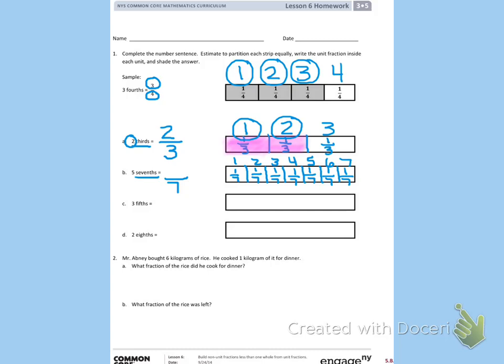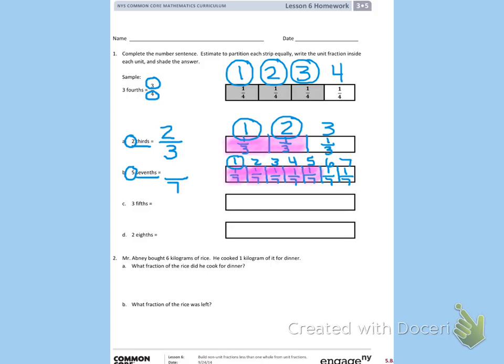Now the last thing I need to do to the rectangle is to shade 5/7. This means that I'll shade 5 of the 7 equal parts. That's 1/7, 2/7, 3/7, 4/7, 5/7.